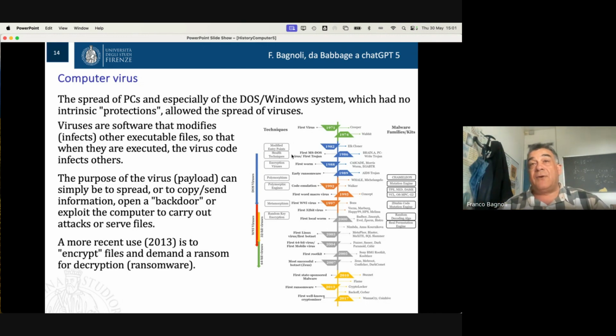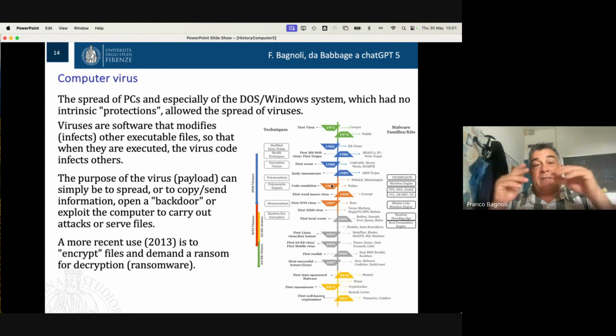They could also infect the floppy disk, because in the floppy disk there was a sector which was loaded in memory, and so it could store essentially the executable, and clearly this is the beginning of viruses.